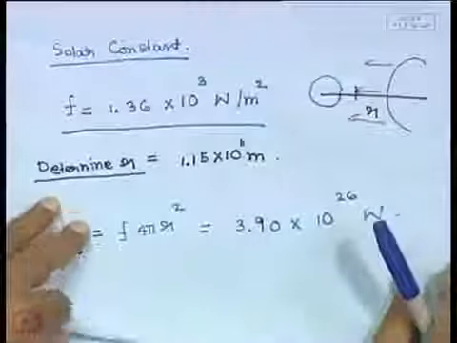So, the sun emits 3.9 into 10 to the power 26 joules in 1 second, that is the wattage of the sun. It is a source of energy, just like an incandescent lamp or a bulb, it also emits energy.